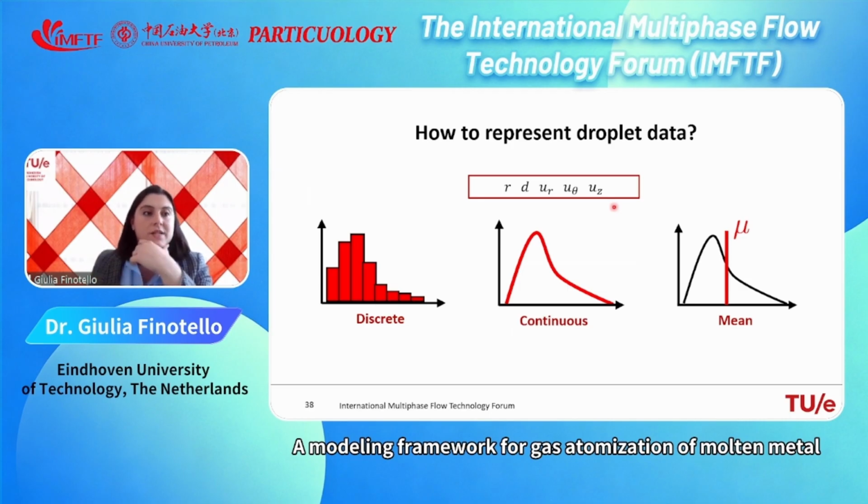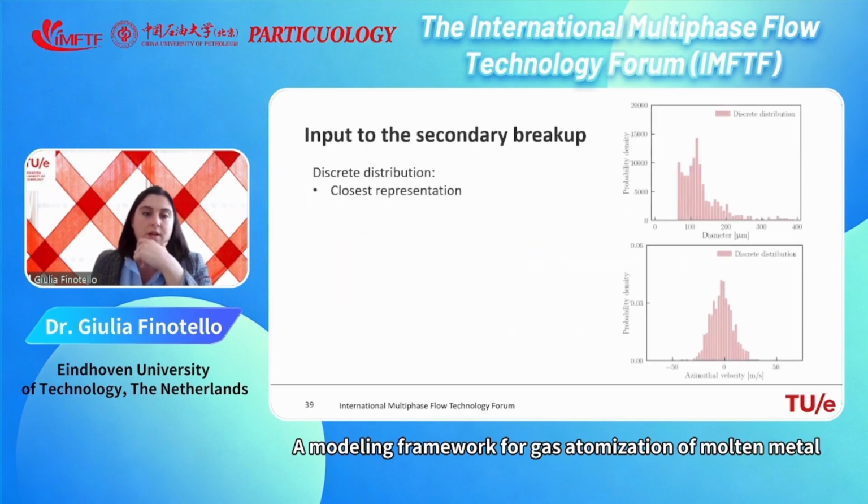But here the question is still how to represent droplet data and how to transfer that as an input to the secondary breakup. If we look at the discrete distribution, that's indeed what you see here on the right, 2 examples of that, it seems the closest representation.